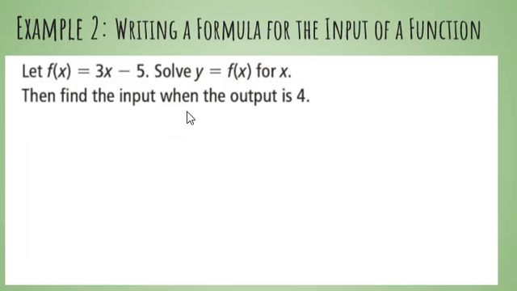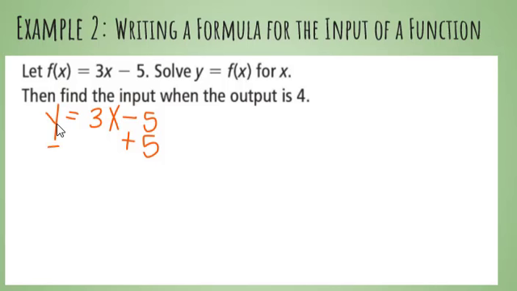For example 2, you're writing a formula for the input of a function. First we're going to take the f of x equation and replace f of x with y. So we have y equals 3x minus 5, and then we want to solve this equation for x.